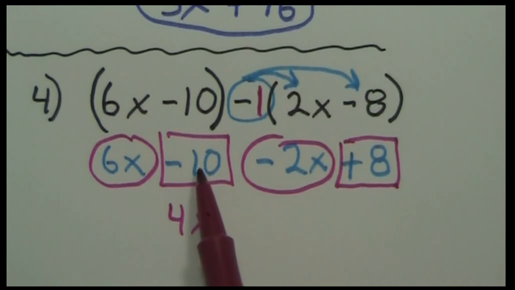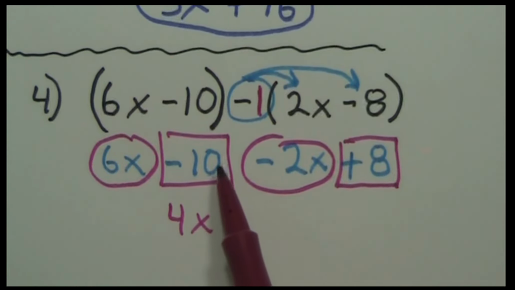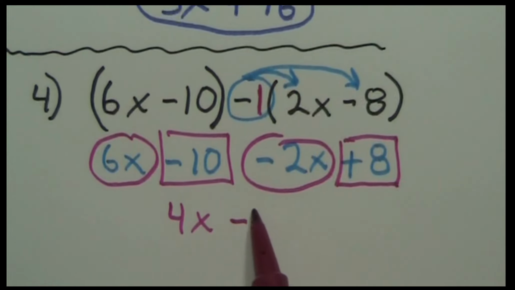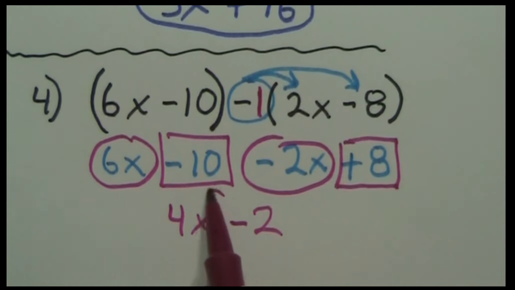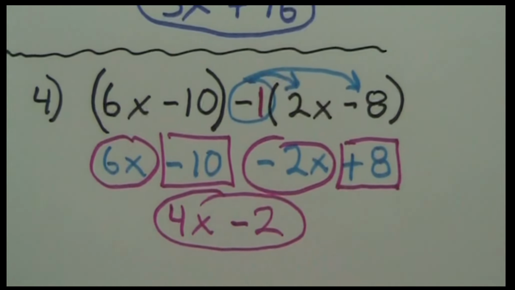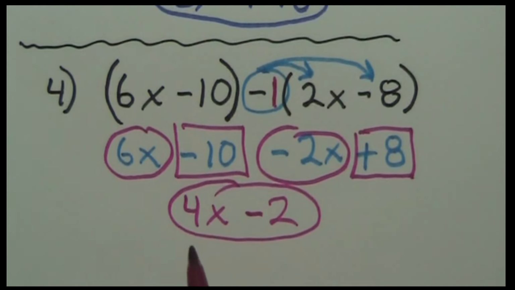Again, if you have 10 mints and 8 spicy things, there's more mints. 2 more. And that is the answer. So it is now simplified. That's all you can do. You cannot combine these. They are not like terms.